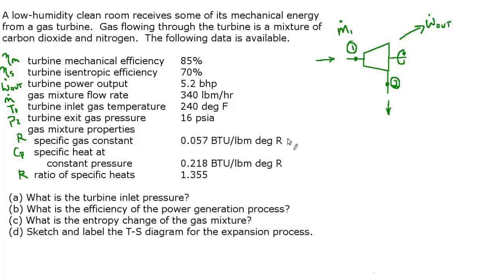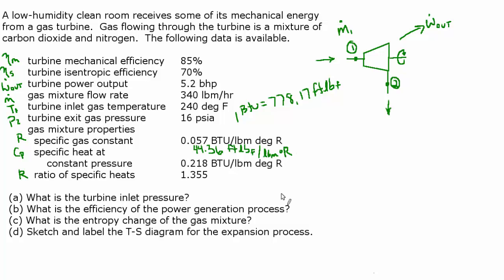So if you want to convert, and you may or may not need to, but I just wanted to point this out, you can just use the fact that 1 BTU is equal to 778.17 foot-pounds force. So you can multiply this number here by 778 foot-pounds, and BTUs goes away, and we end up with 44.36 foot-pounds per pound mass degree Rankine.